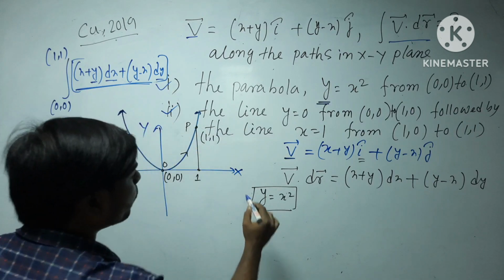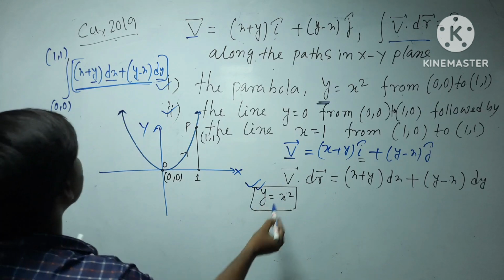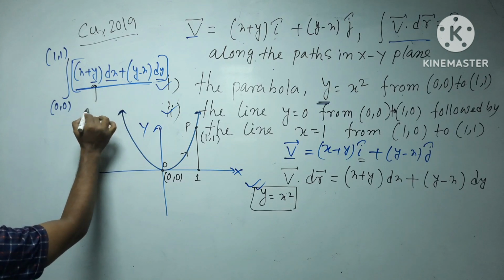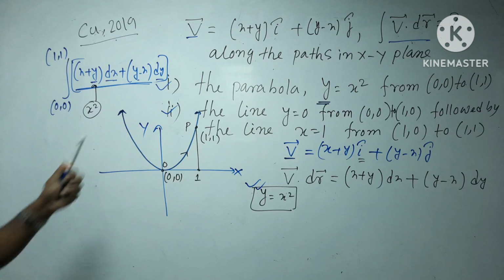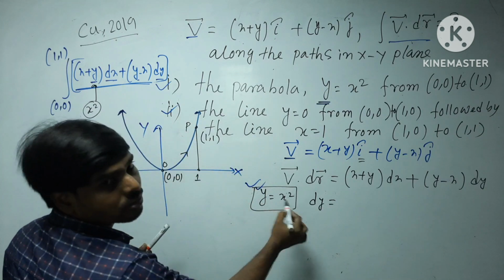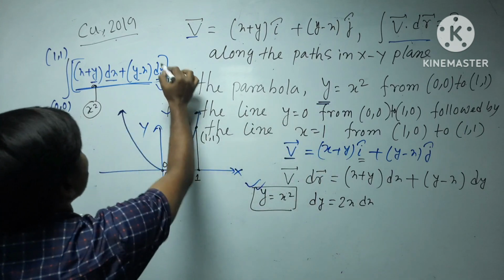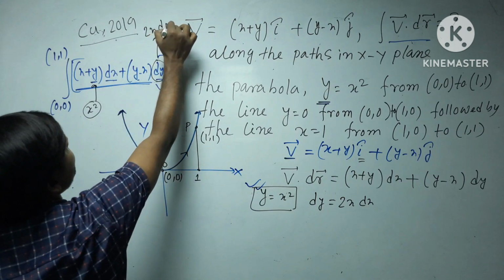কিভাবে করবে? By the given relation. So y is equal to x square is given. So যেখানে যেখানে y আছে, we will use x square. Is it clear? And then what is dy? এটাকে differentiate করো. dy is equal to 2x dx. So wherever there is dy, just replace it by 2x dx.